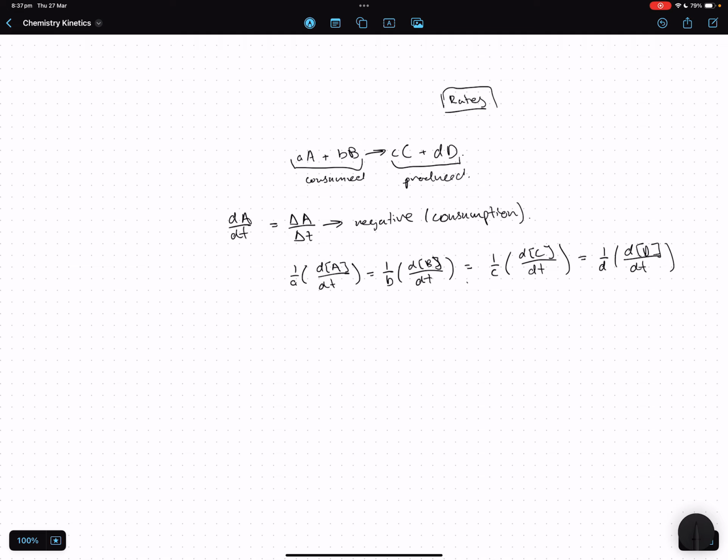So we have products and we have reactants.